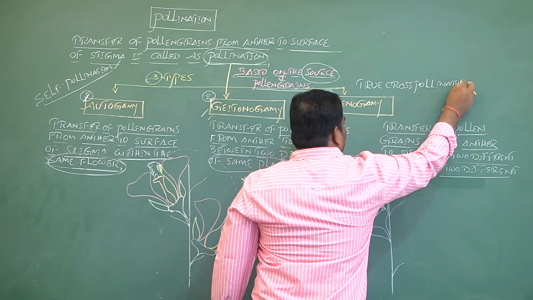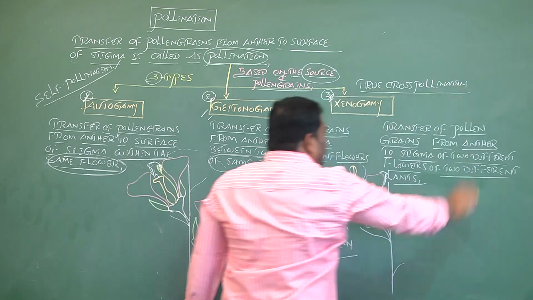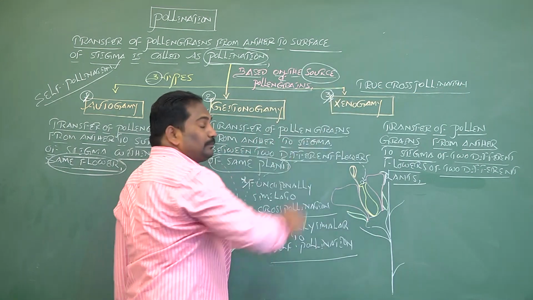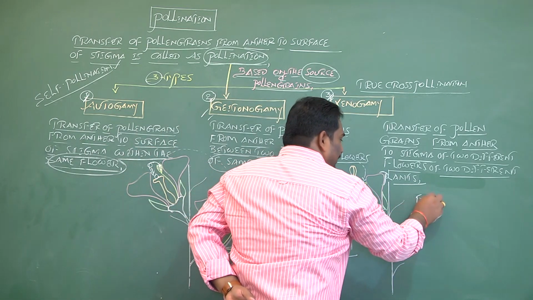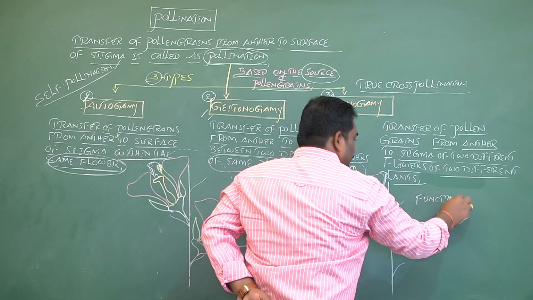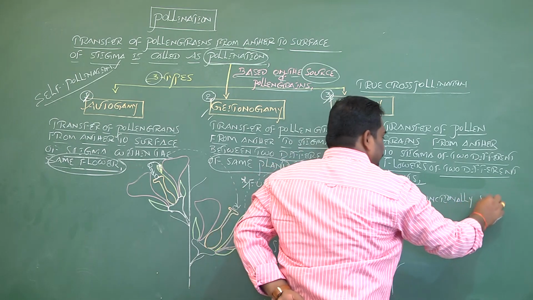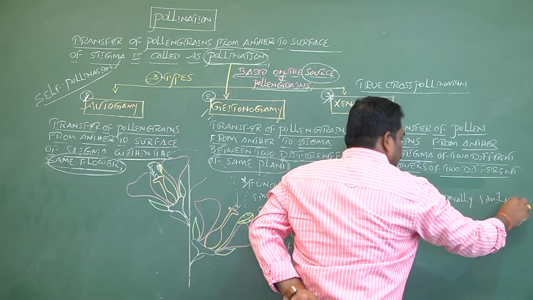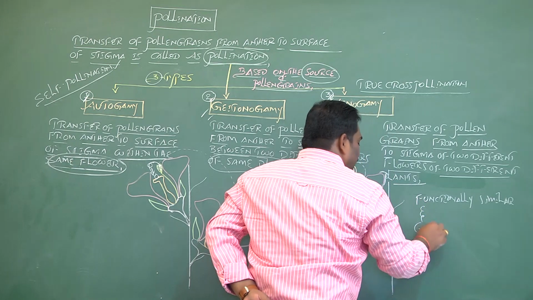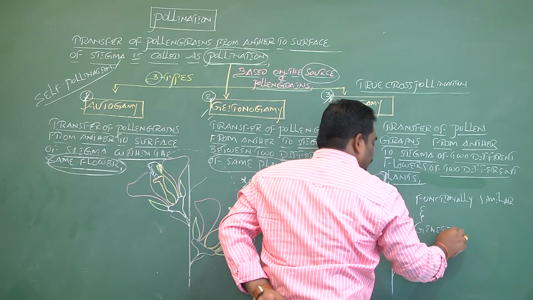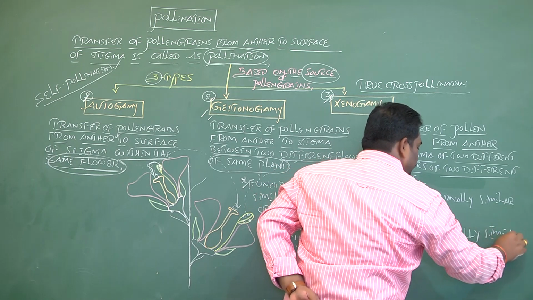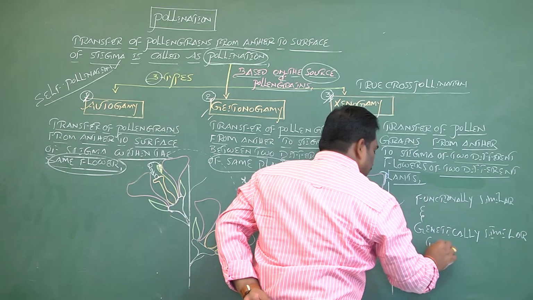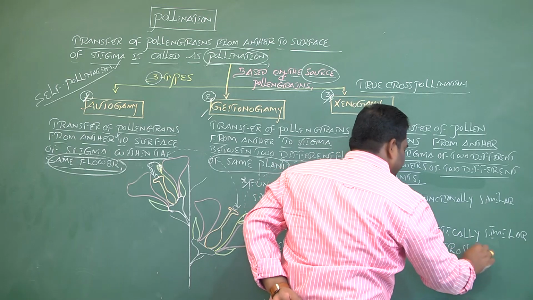Which type of pollination is called true cross pollination? Xenogamy. Xenogamy is functionally and genetically similar to cross-pollination.